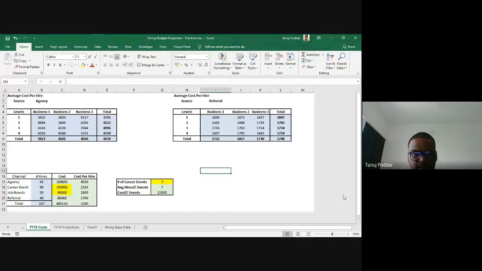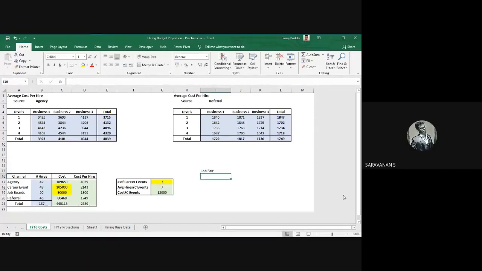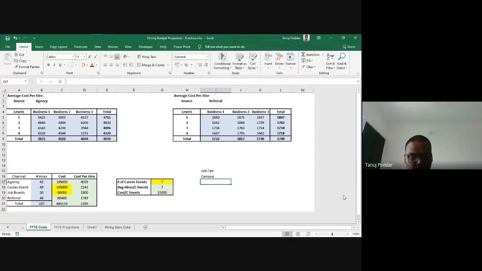What I'll do is I'll just put in some events here, right? Was it from the hiring base data sheet? No, it's not from the hiring base data sheet. I know that I conducted 7 events in FY19.